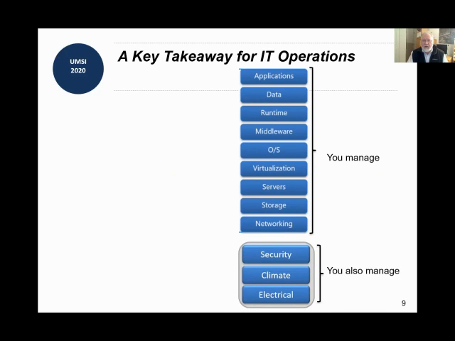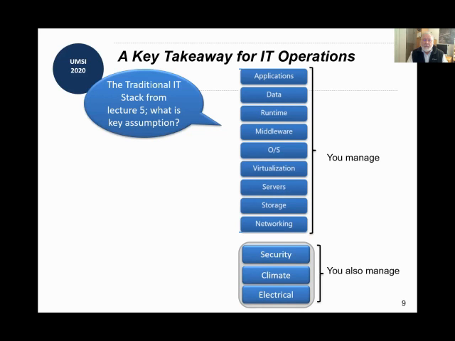But then also, as was evident from touring the data center, there was physical security that had to be managed. There was climate and air control in the building, and then the electrical backup as well. So some fairly basic utility types of items the IT manager also had to manage.